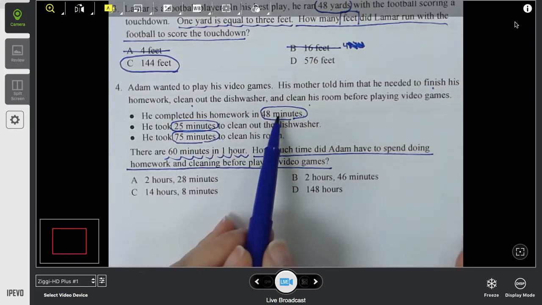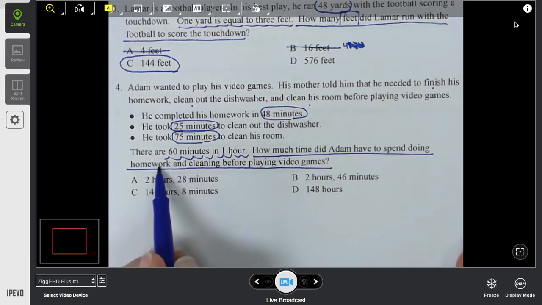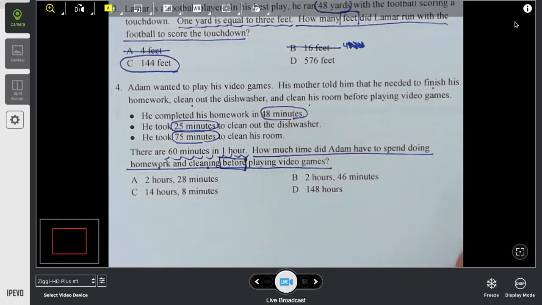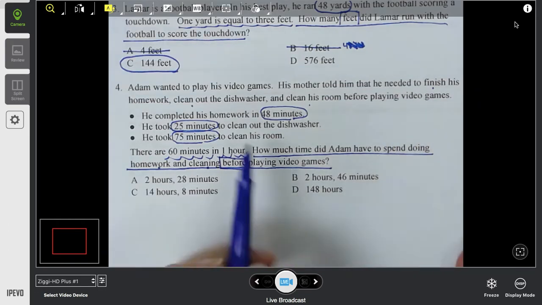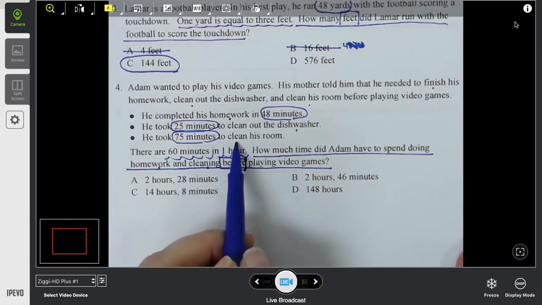So I have to read really carefully because it wants to know what he spent doing homework and cleaning before he played video games. I have to just do his homework, cleaning out the dishwasher, and cleaning his room.